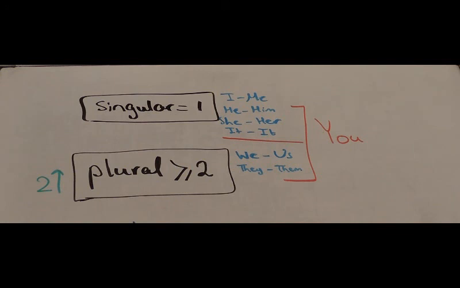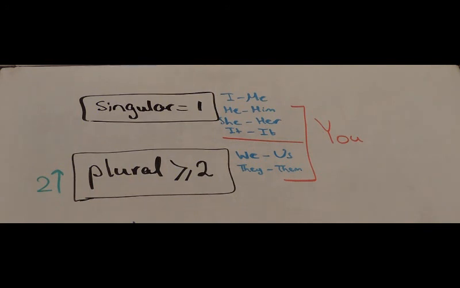He, him, one male. It, one thing. Now for plural. We and us, 2 or more people. They and them, 2 or more things, people, animals. Alright? So this is the third difference.